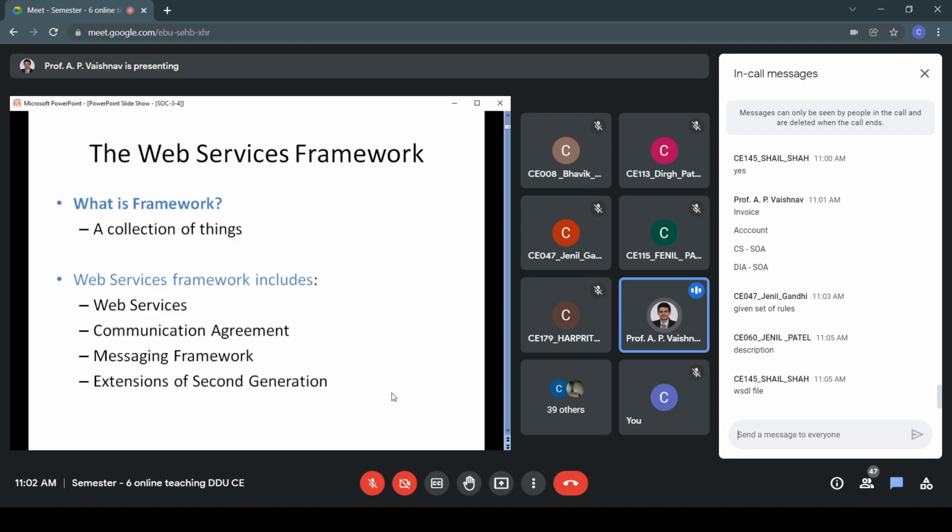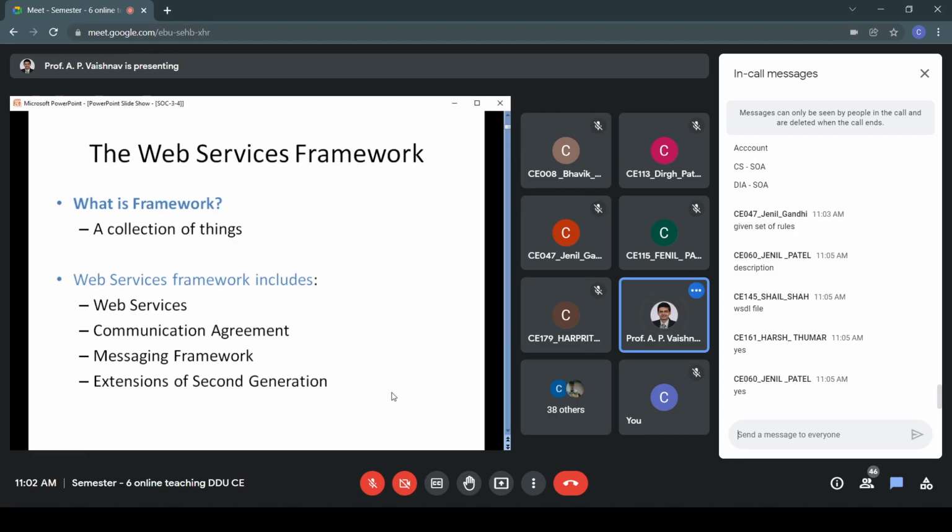Because it defines the operations which are supported by the service. It defines the data types which are supported by that service, and the method signatures, basically. So can I say that it is kind of an agreement? Once you start using one WSDL file, you are actually bound to that, in other words. I hope you are following, right?